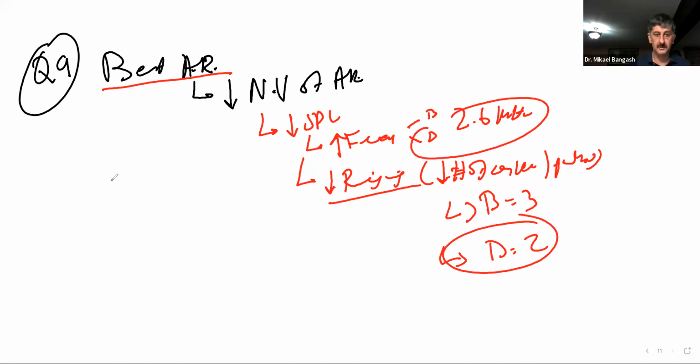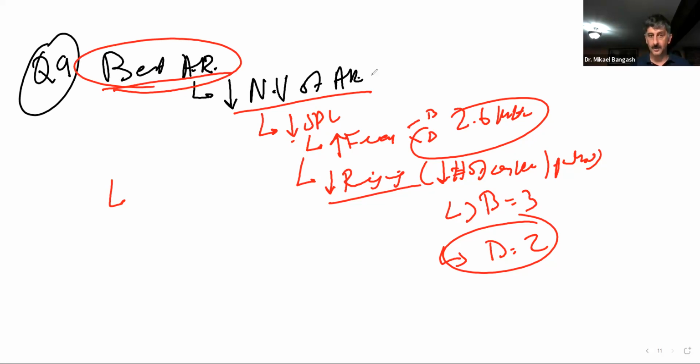So option D, with 2.6 megahertz and 2 cycles per pulse, will produce the shortest of all these pulses, which will mean the lowest numerical value of the axial resolution, which will mean the best axial resolution.